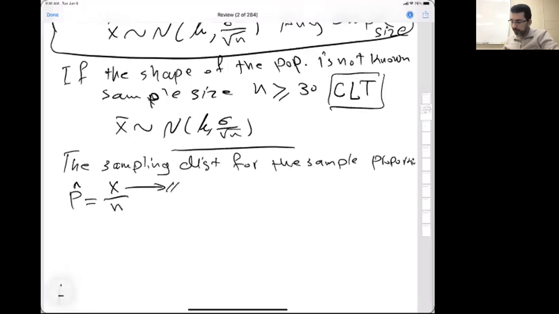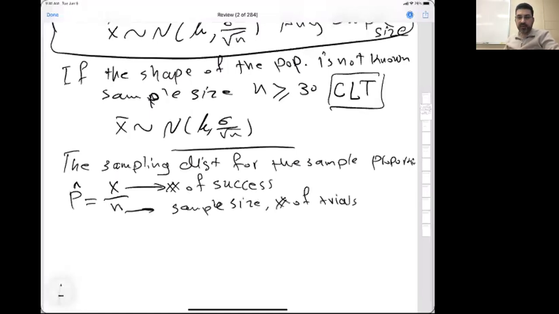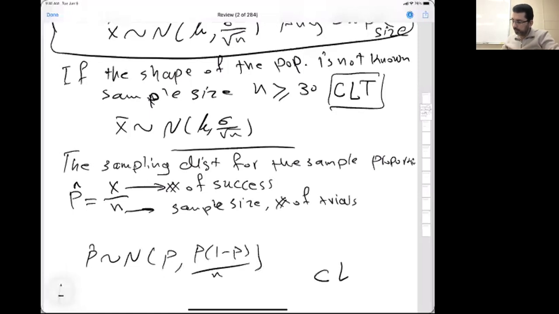The number of successes, and the n, of course, we can say sample size, or the number of trials. So this is the estimate for p. p hat follows normal distribution with the same mean p and standard deviation square root of p times 1 minus p divided by n. This is the rule according to the central limit theorem.